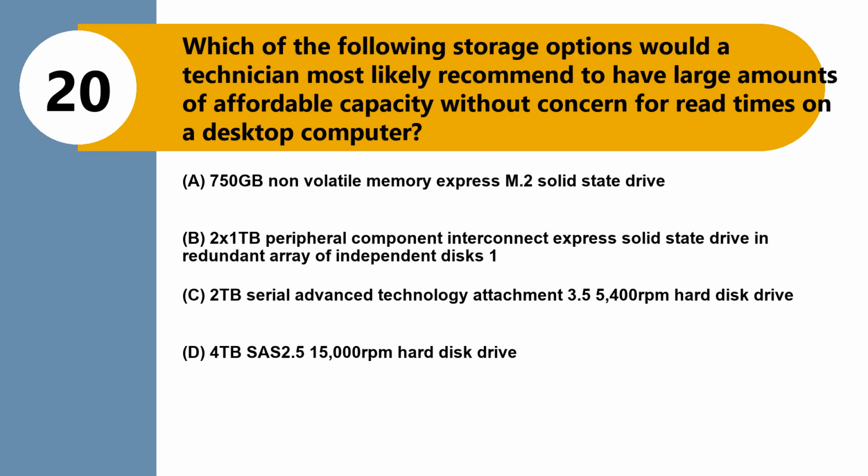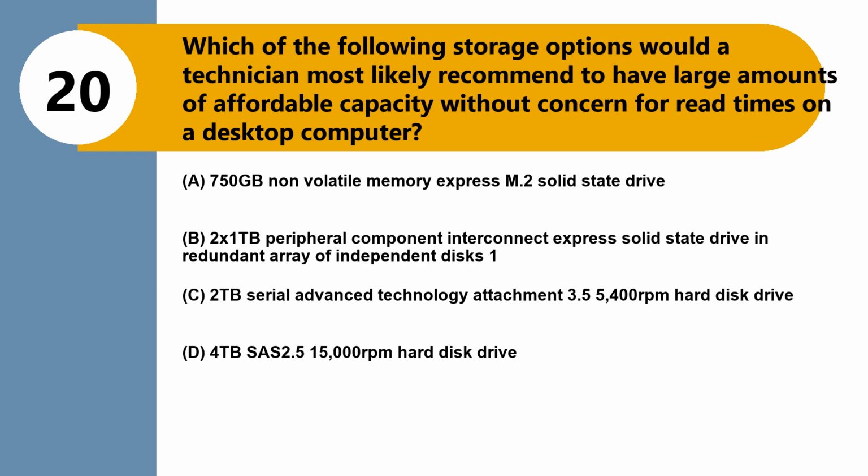Question 20. Which of the following storage options would a technician most likely recommend to have large amounts of affordable capacity without concern for read times on a desktop computer? Option A. 750 GB non-volatile memory express M.2 solid-state drive. Option B. 2x1 TB peripheral component interconnect express solid-state drive and redundant array of independent disks 1. Option C. 2 TB serial advanced technology attachment 3.5, 5400 RPM hard disk drive.